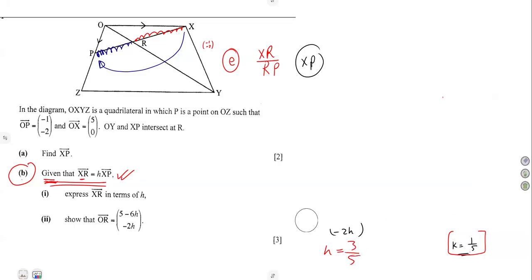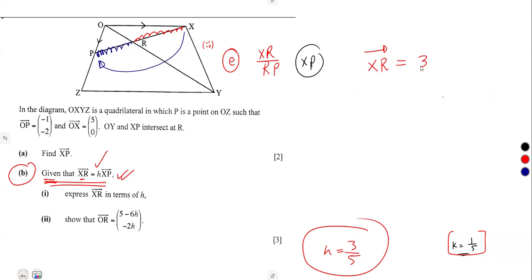Now they're telling us from this statement that XR is equal to H, where H is 3 over 5. So they are saying XR is 3 over 5 of what? Of XP. This is what you are given.